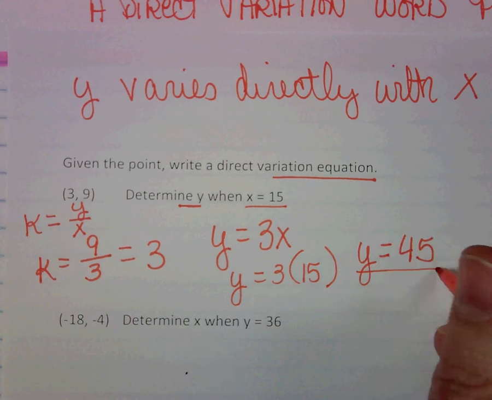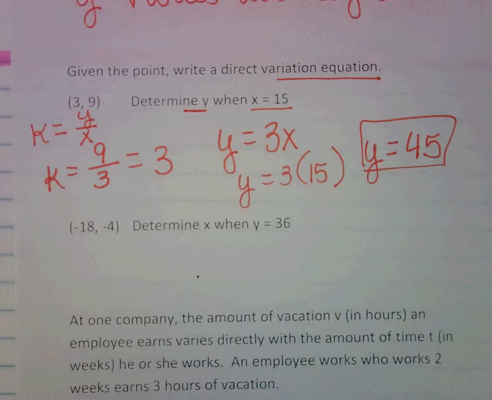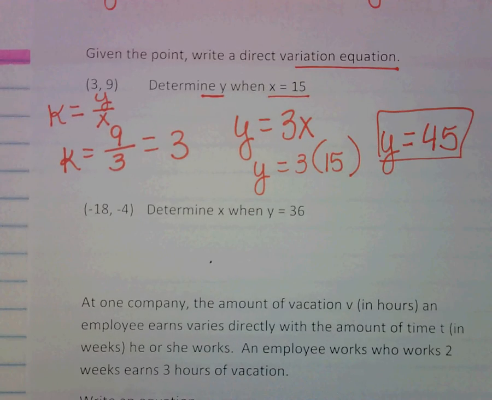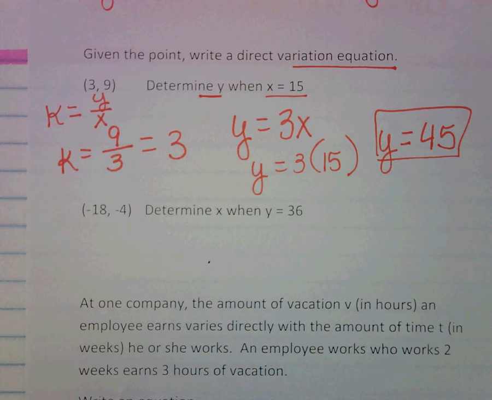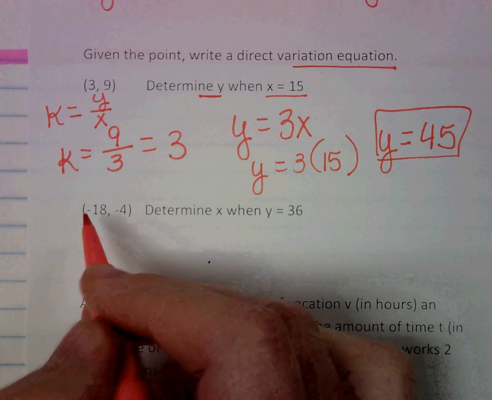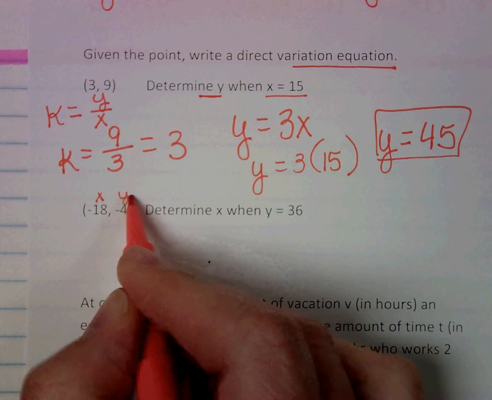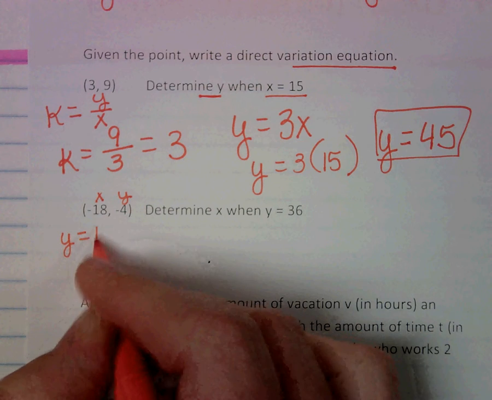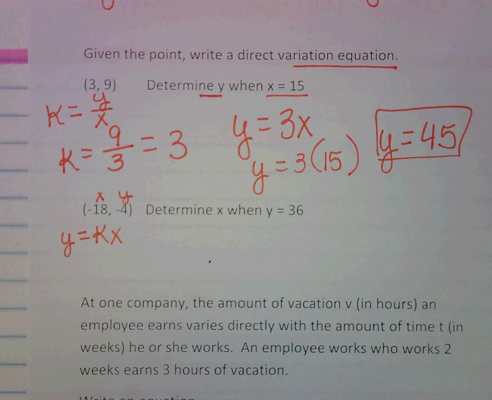Super easy. Okay, in the next one, our point is negative 18, negative 4. Now, I want to tell you too, if you forget that our constant of variation is y over x, you can also take your point and plug it into our direct variation equation to solve for k.